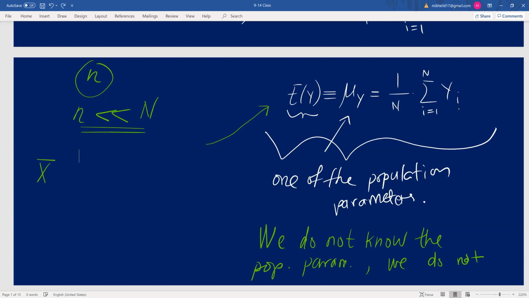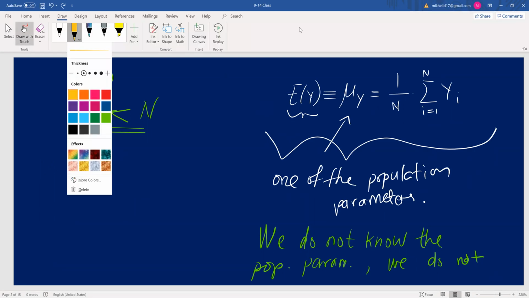Sorry guys, I said X bar, I meant Y bar. Yes, very good. Y bar is the sample mean. So I take a sample of size n, which is much less than the population size capital N, and then I can calculate Y bar, the sample mean. And this is the population mean, the expectation, another name for the population mean.